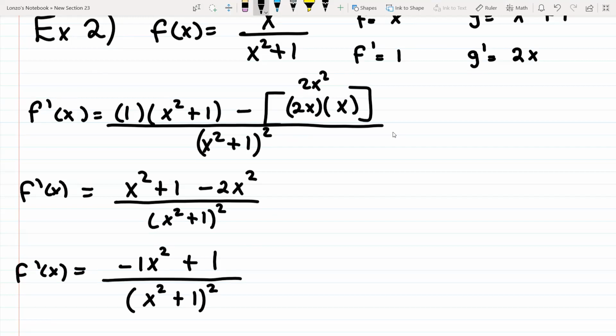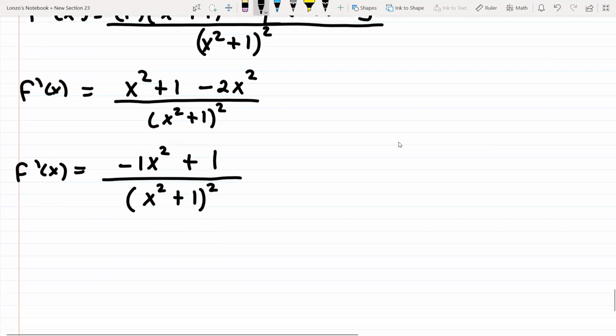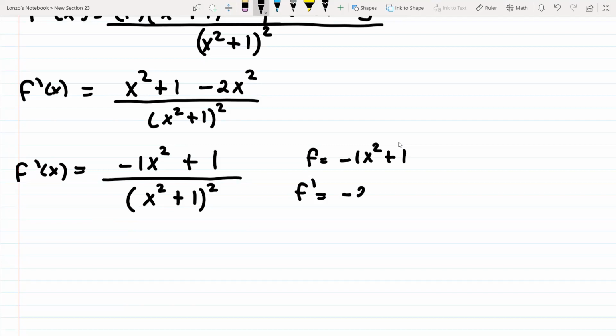So unfortunately, we have to keep going. This is what f prime of x is, so we have to take the second derivative. Let's see, what would be my f? My f is negative 1 times x squared plus 1, so f prime would be negative 2x.